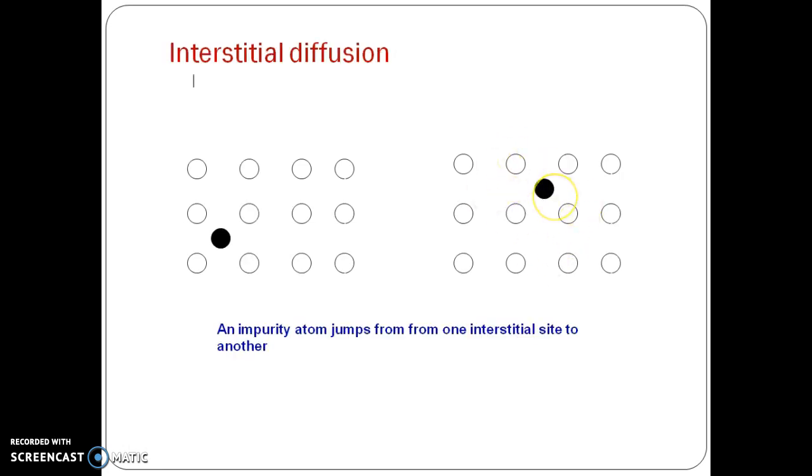In the interstitial diffusion, the impurity atom occupies the intermediate position and jumps from there to another intermediate position, gaining energy.